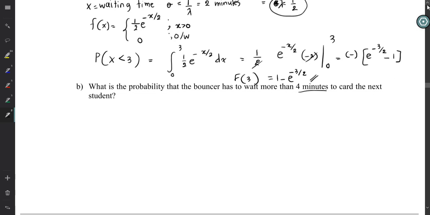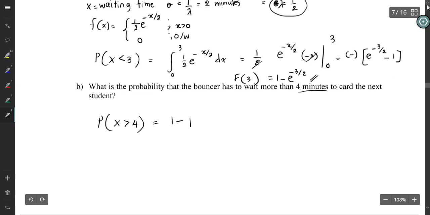Let's try the next one. What is the probability that the bouncer has to wait more than 4 minutes? More than 4 minutes, greater than 4. Now, if you want, you can go for the CDF. What is the CDF? 1 minus e to the negative x over 2 is the CDF. So, use it here.